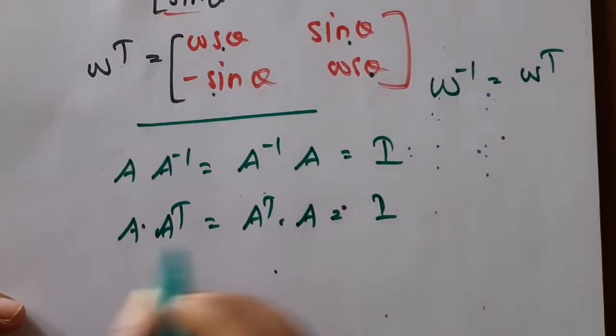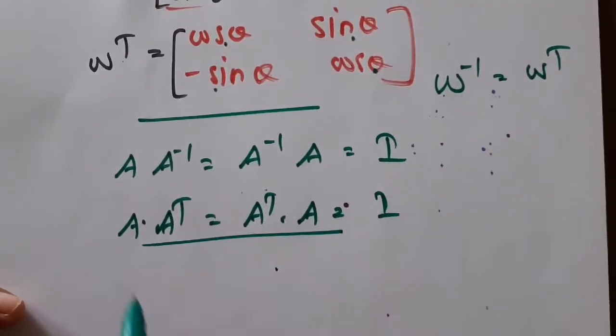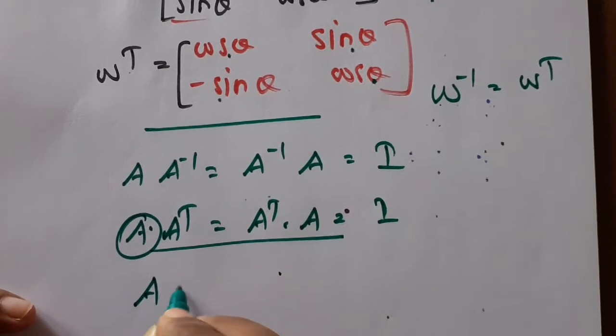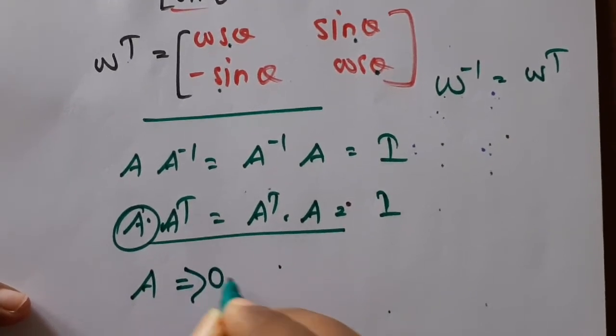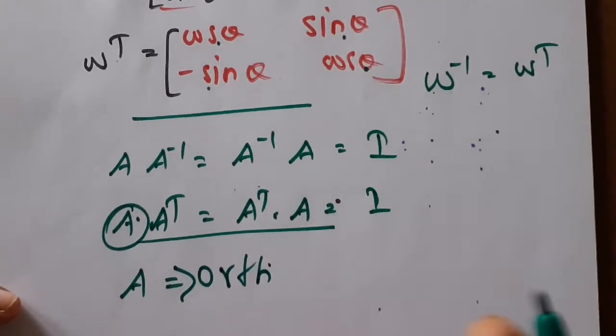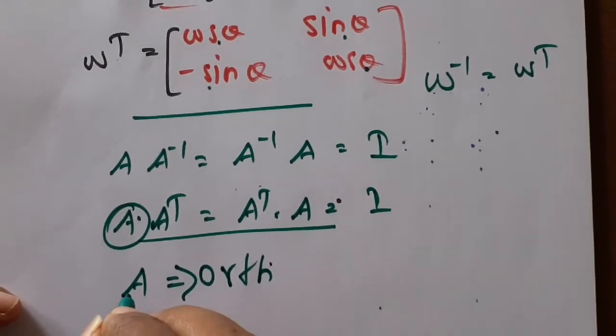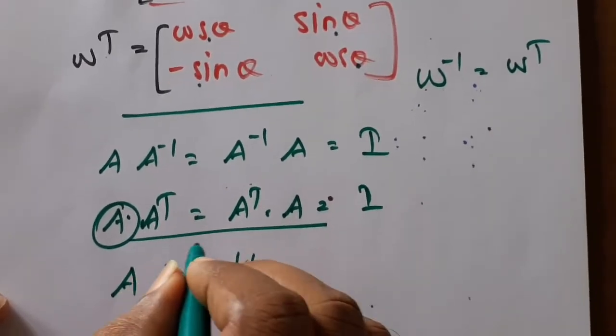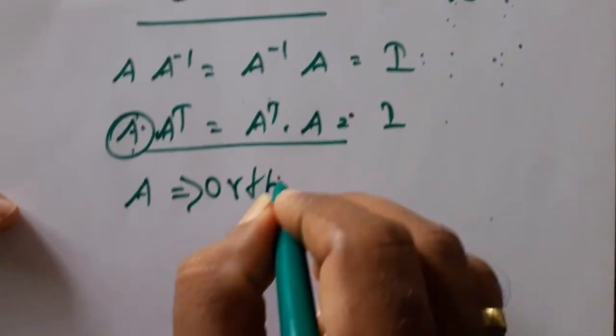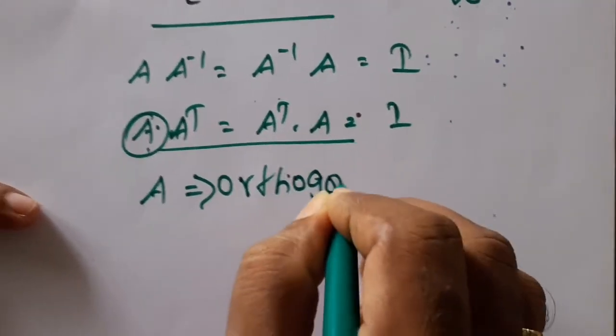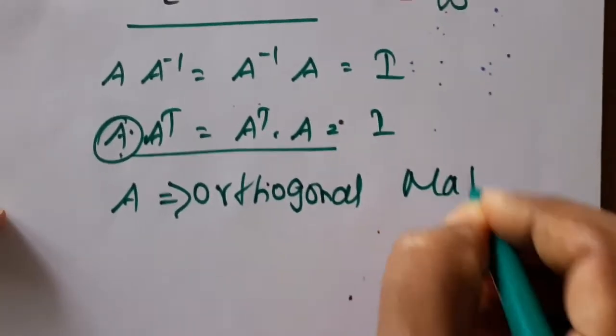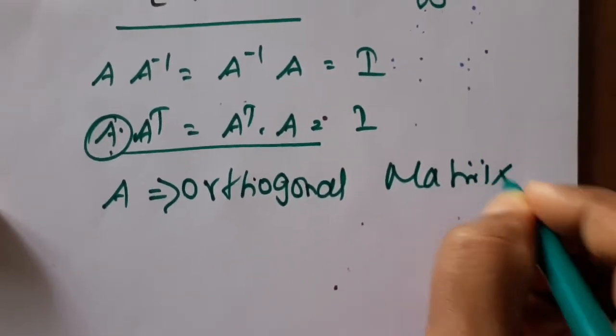Suppose if you get such a type of term, definitely this A is called an orthogonal matrix. This can be a 3 mark question, maybe a 5 mark question also possible. So if we get such a type of term, A is called an orthogonal matrix.